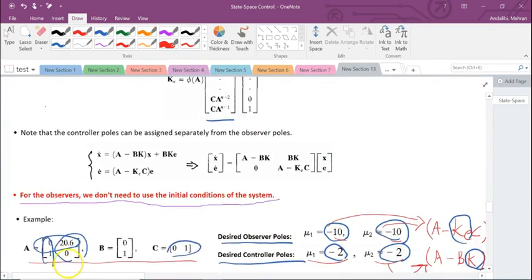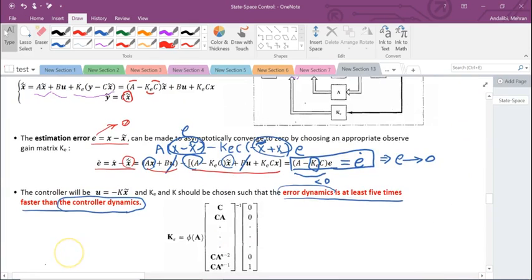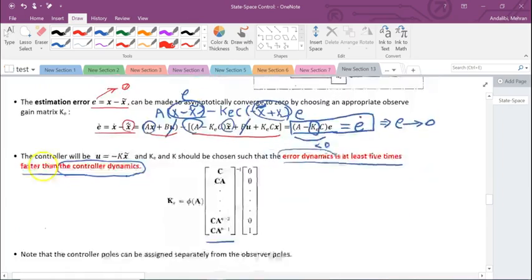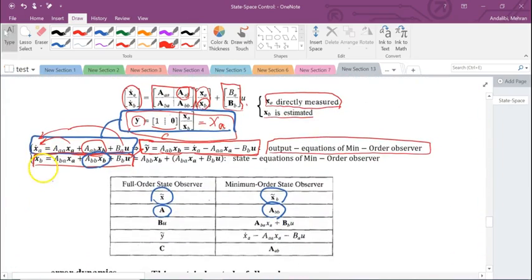Remember here, if you look at the observer equation, X tilde dot was A times X tilde. Here is XB tilde dot equals what? ABB times XB tilde plus something else.